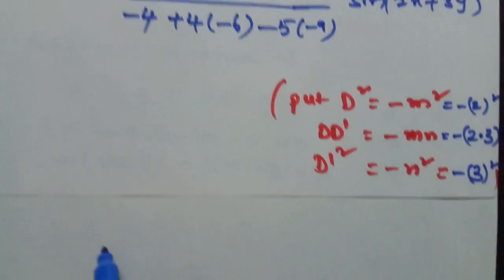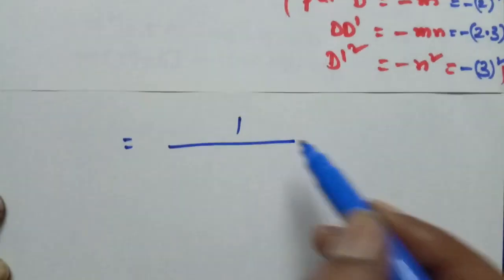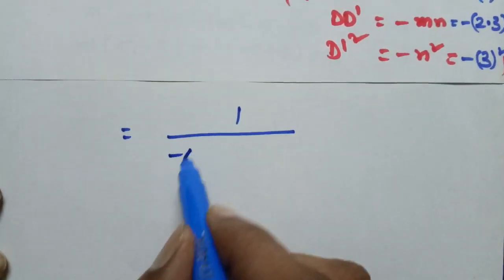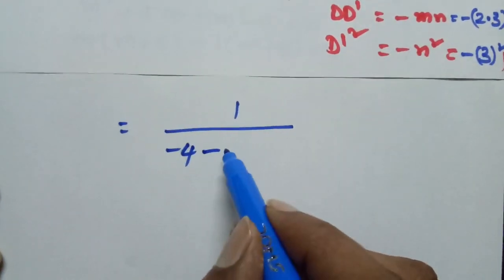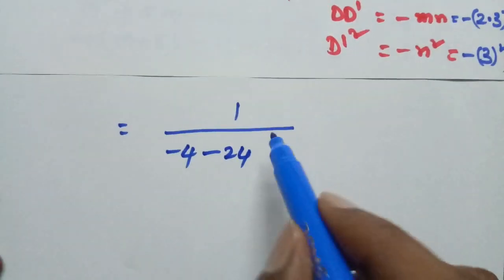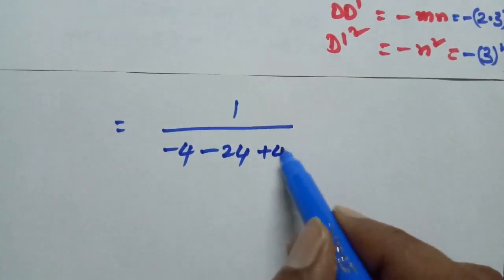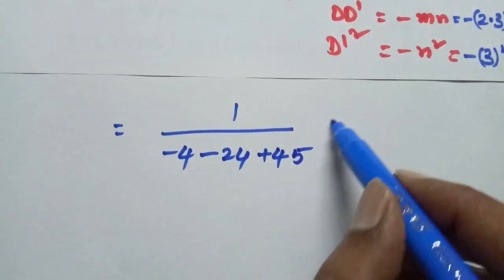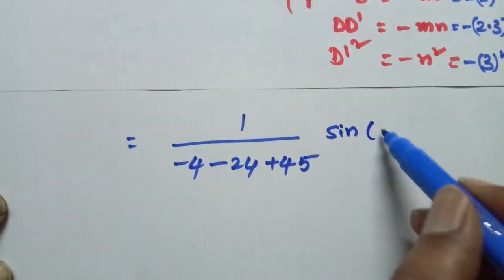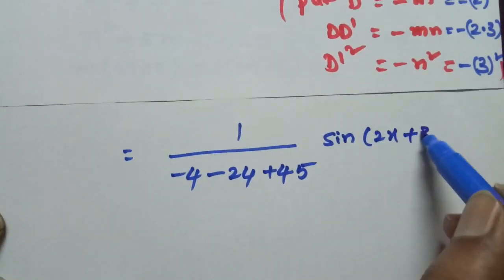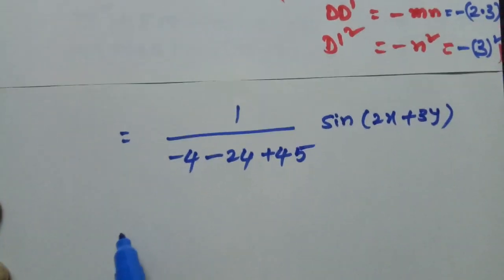This can be written as 1 by minus 4 minus 24 plus 45 into sine of 2x plus 3y.